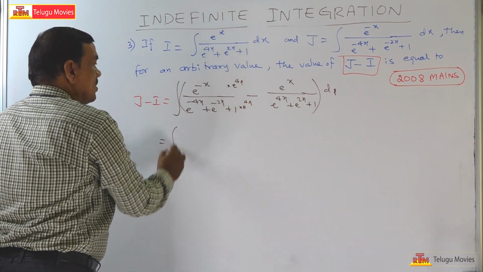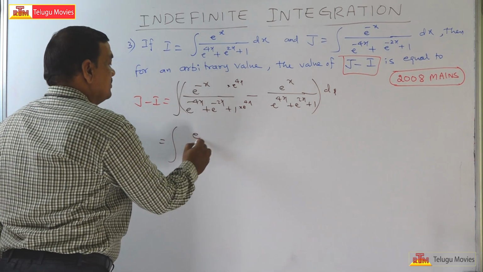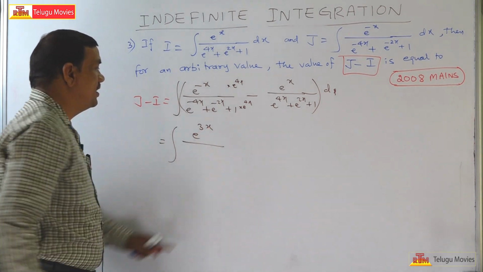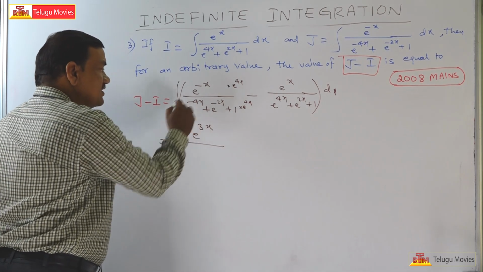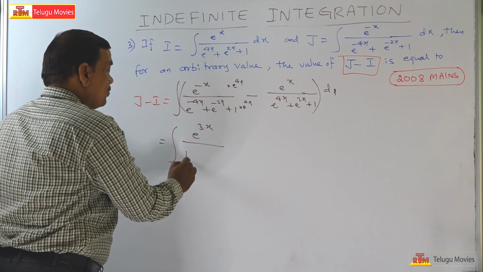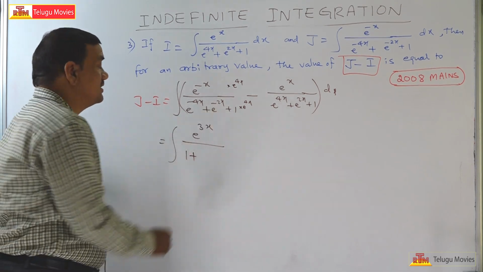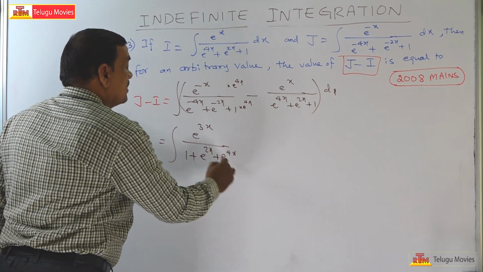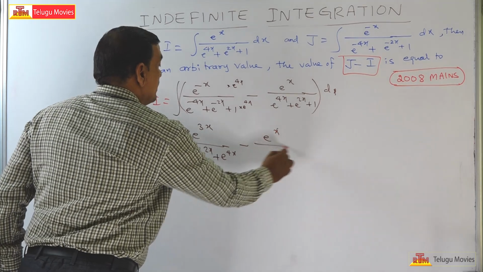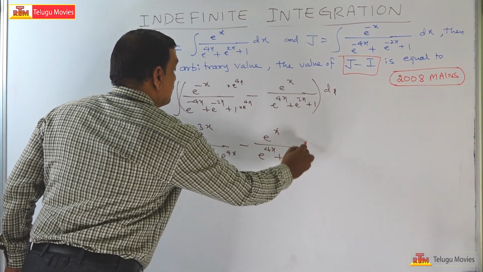Then see here what happens. e power 4x into e power minus x, e power 3x by e power 4x into e power 4x, e power 4x into e power minus 4x, that is equal to 1 plus e power 4x into e power minus 2x, that is equal to e power 2x, plus e power 4x minus e power x by e power 4x plus e power 2x plus 1 dx.